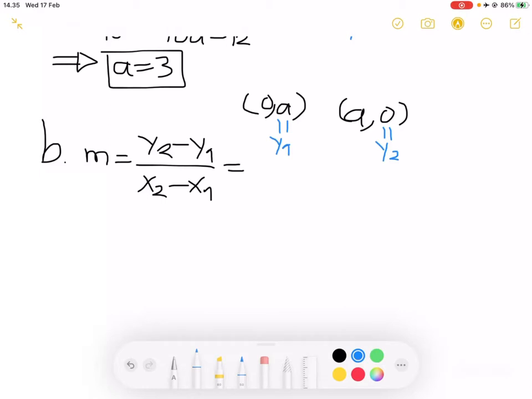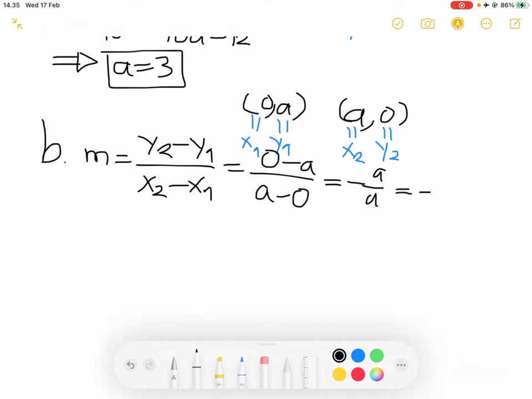And if 0 is y2, then this will be x2, and 0 on here is x1. Alright, so let's just plug in those values. So I have 0 minus a over a minus 0, which simplifies to negative a over a, or just simply negative 1.